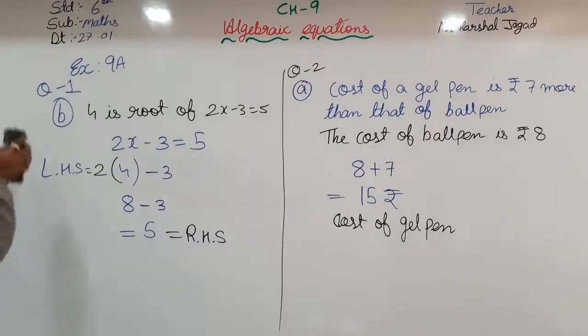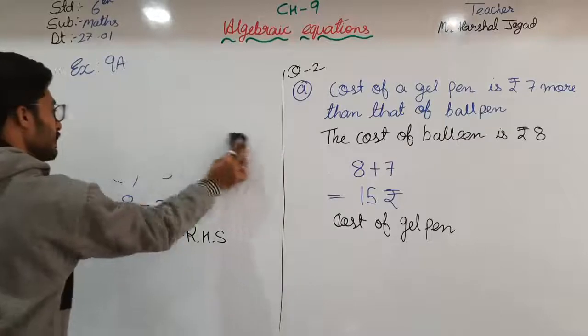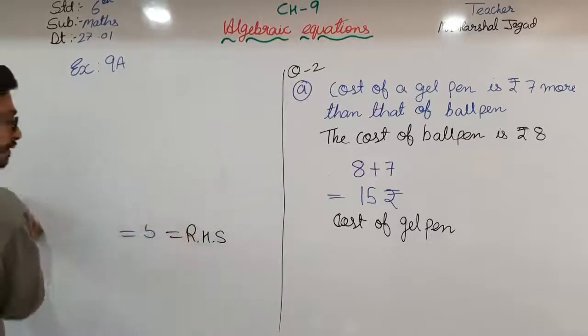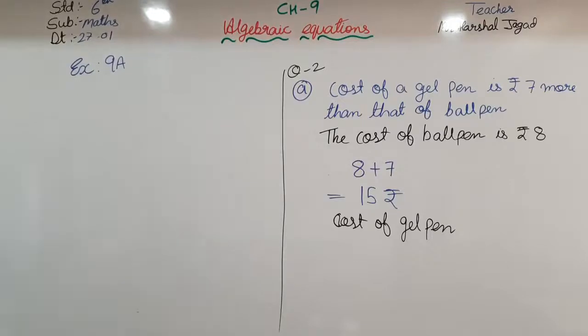D, that is question 2D. That is, 6 more than a number R is 13.